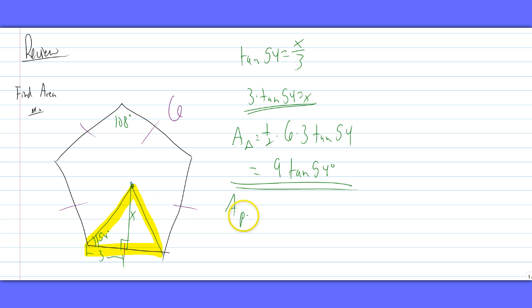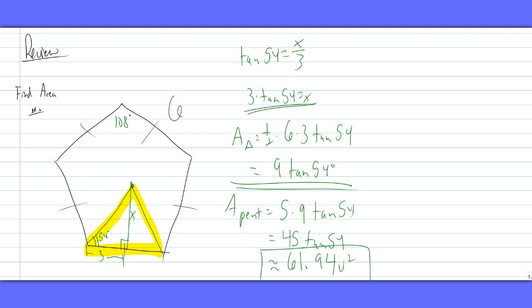So as we go into the area of the entire pentagon then, we have to recognize that since there's 5 sides in the pentagon, there are 5 of these congruent yellow triangles in there. So multiply that area by 5. 5 times 9 is 45. So the exact area of this pentagon is 45 times the tangent of 54. And that gives us approximately then 61.94 units squared.